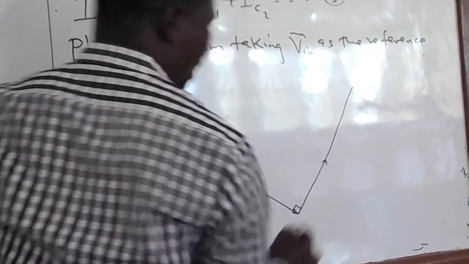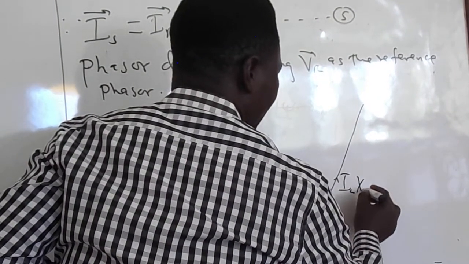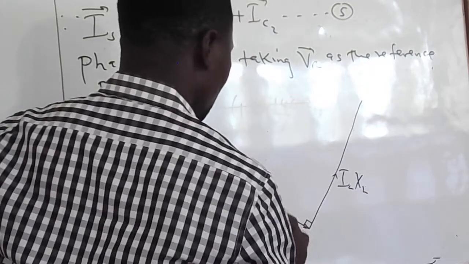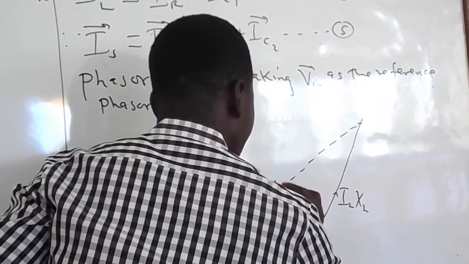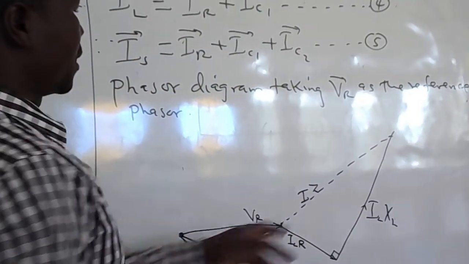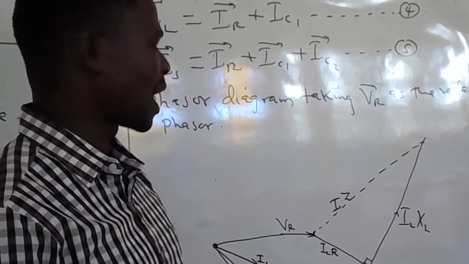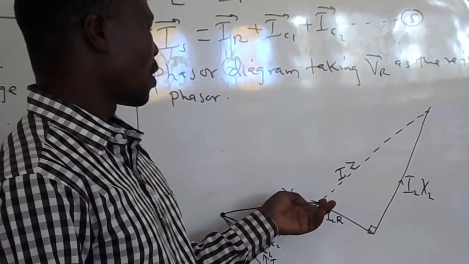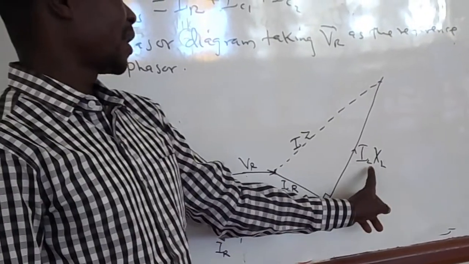So this one now gives us ILXL, and this one gives us the impedance drop, IZ, where Z is the line impedance, and that is actually the phasor sum of the ILR and the ILXL.